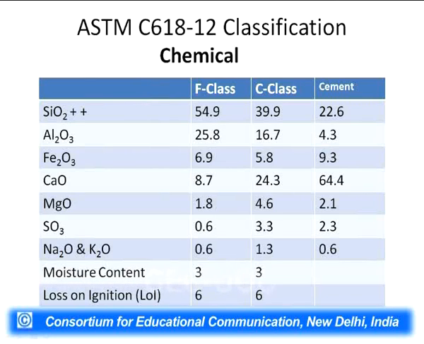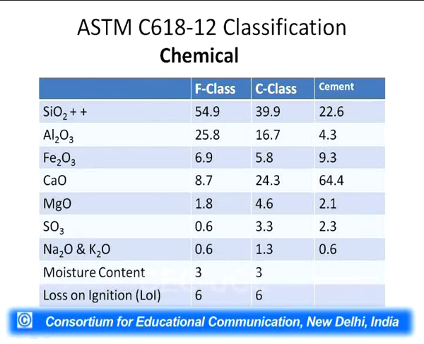Fe2O3 content, or ferric oxide content, is roughly equal in both the classes, whether it is F or C, while in case of cement it is more. As far as lime is concerned, the part of lime in class F fly ash is very less than that of class C fly ash, and it is further less than that of cement.